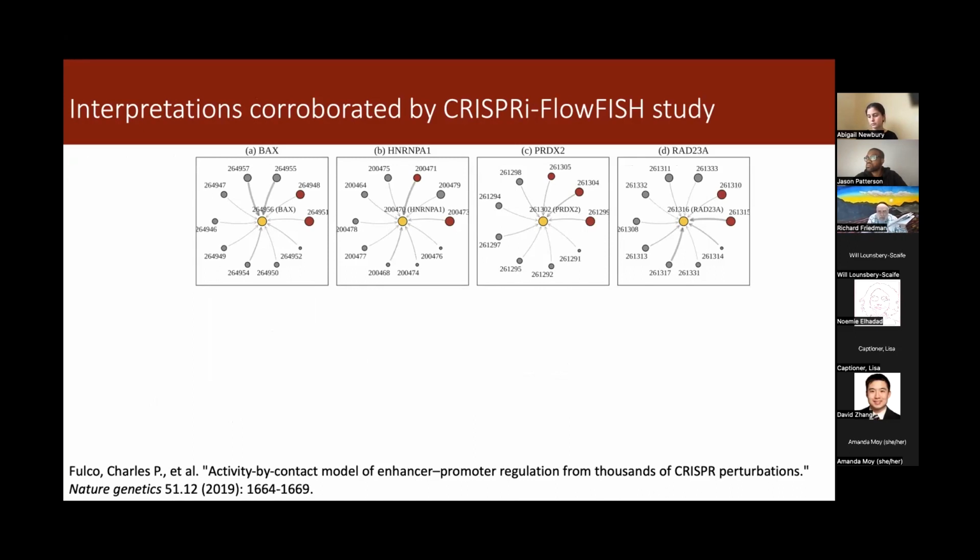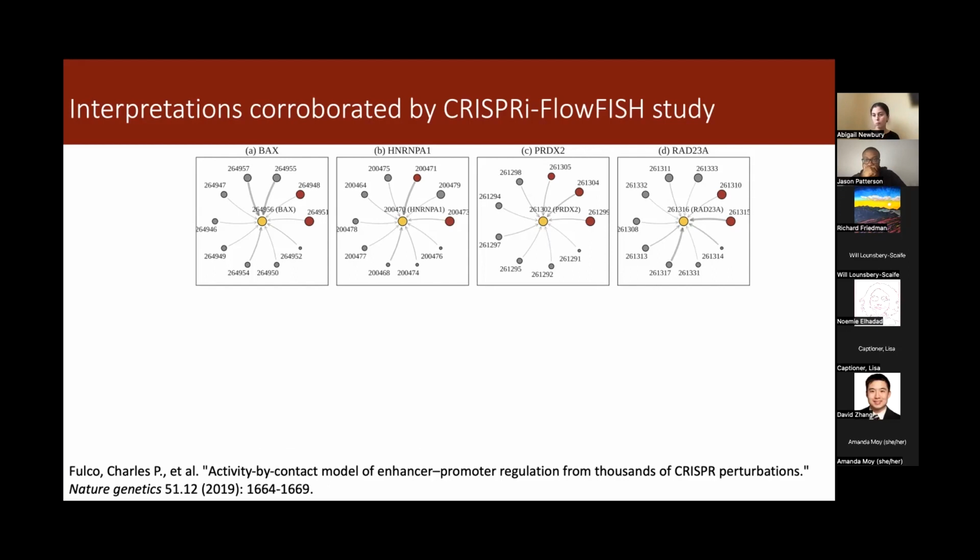And the red circles are actually experimentally validated long-range interacting regions for those genes by the study that I have listed below. So what was very encouraging to find is that the importance scores that the model was assigning corresponded well with the truly long-range interacting regions that had been seen experimentally.